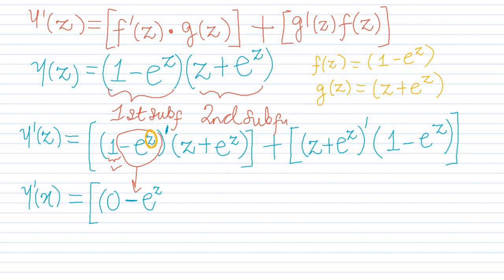What is the derivative of the power of the exponent? The power of the exponent here is z, and if we do z prime, this is just saying what is the derivative of z, and we know the derivative of z to be 1. So it's just like saying 1 multiplied by e to the z. What is that going to give you? You're going to get e to the z.